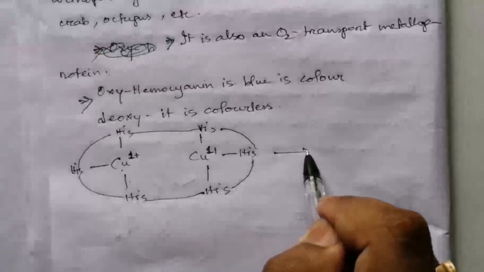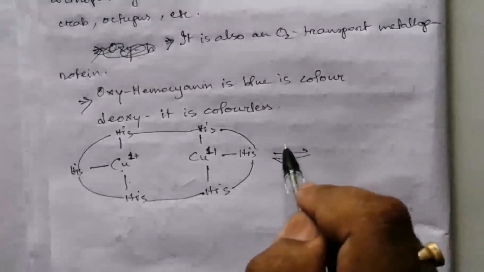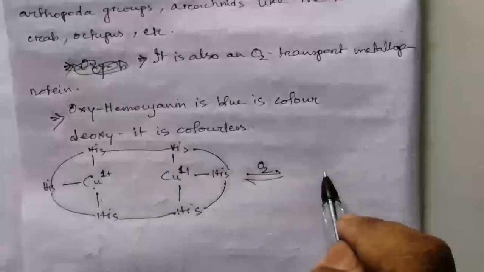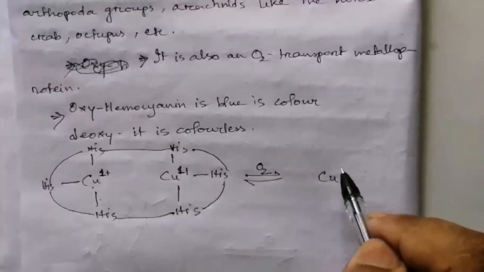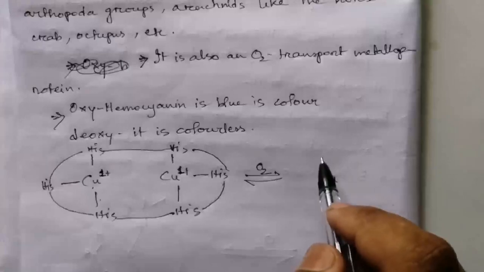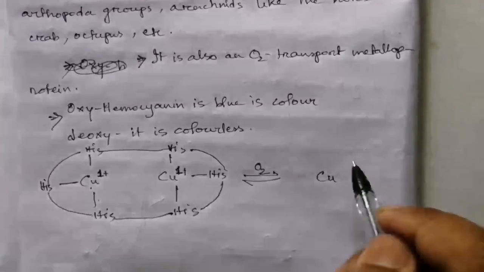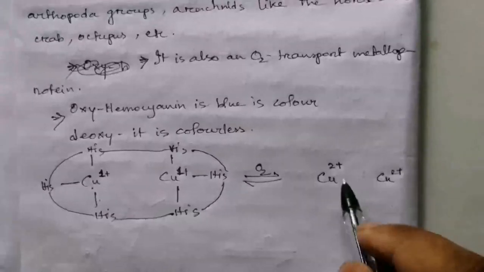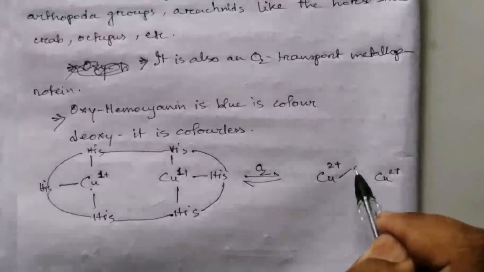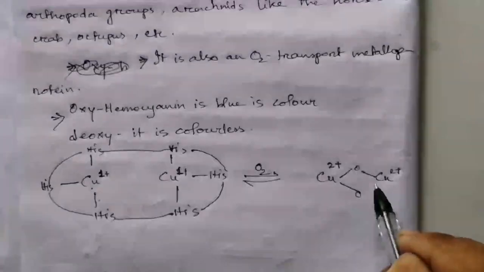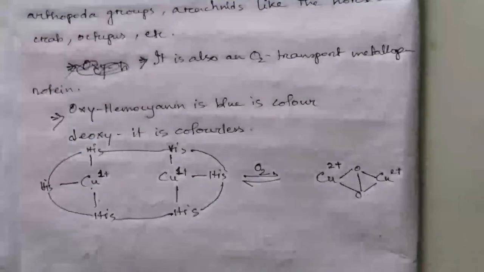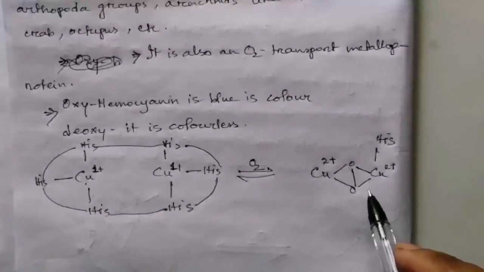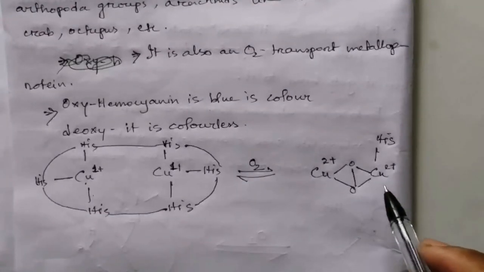So when it undergoes oxygenation, the copper centers are oxidized to +2 oxidation state, and there is an eta 2 linkage by the oxygen molecule.